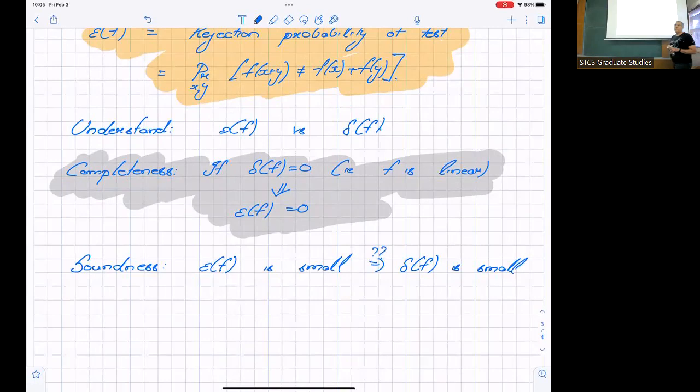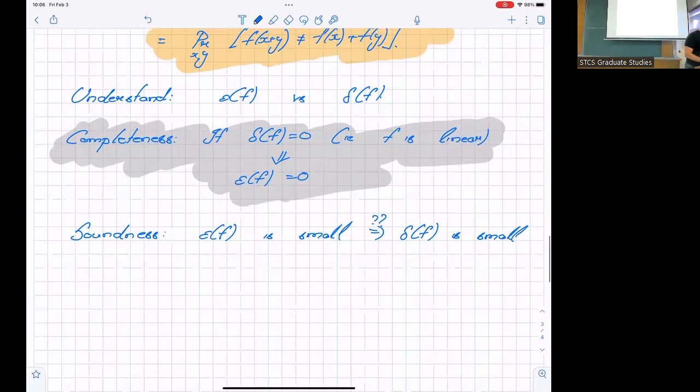That is, if the test does not reject with too much probability, does that mean the function is mostly linear except for a few places, and if you flip those, it actually becomes linear? And this is exactly what BLR proved.